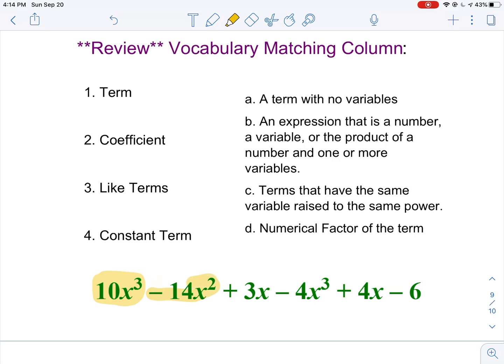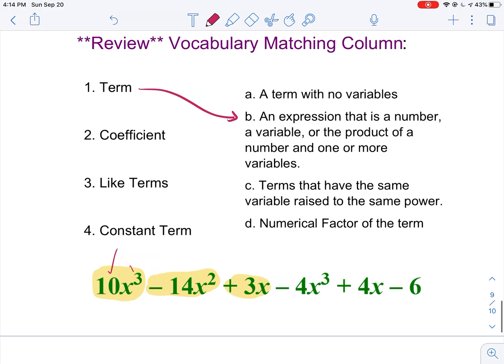Minus 14x squared is a term. 3x is a term. Each one of those is individually a term. So that means that a term is an expression that is a number, a variable, or the product of a number and a variable.